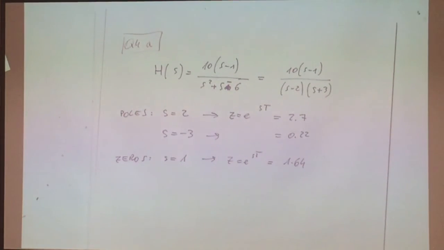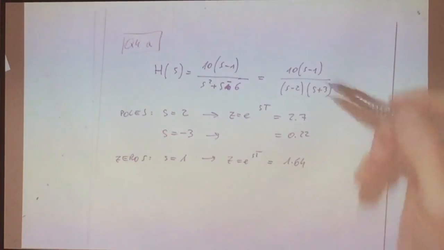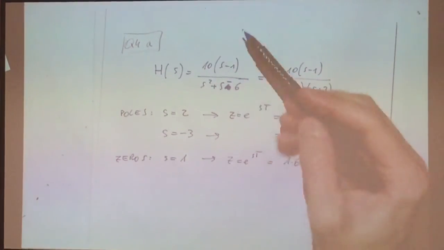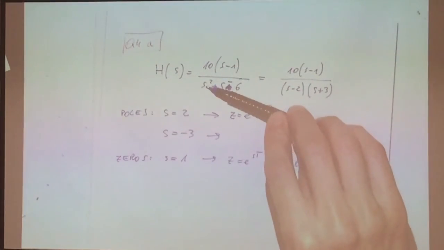Anything else? Infinity, yes, I heard infinity. A zero at infinity, yes. So how do you compute the zeros at infinity? Well, what I usually do is I compare the maximum power of the numerator and the denominator, right?